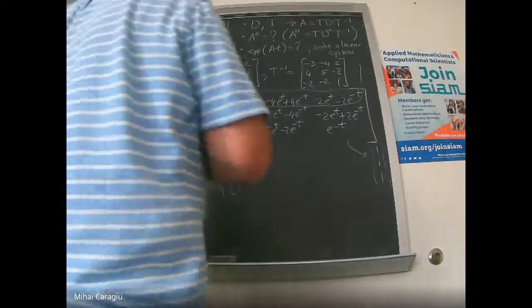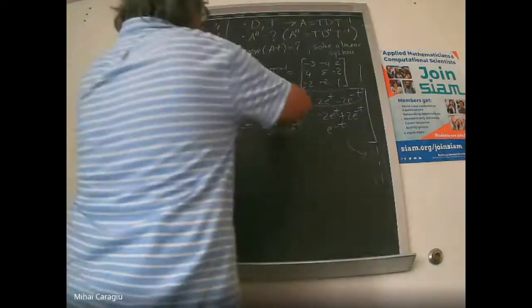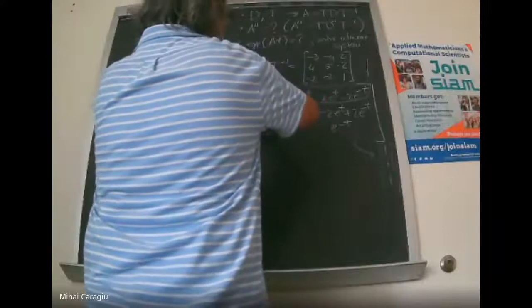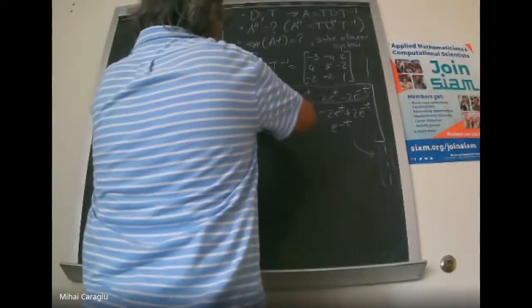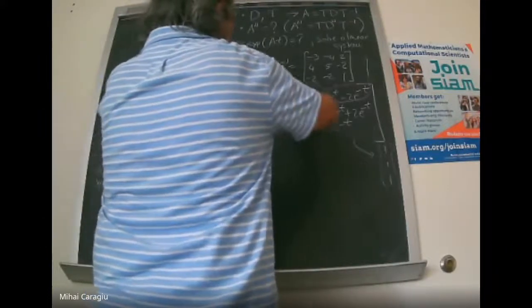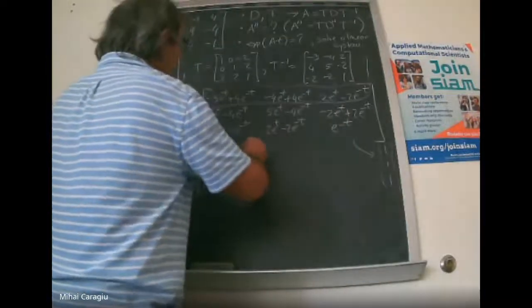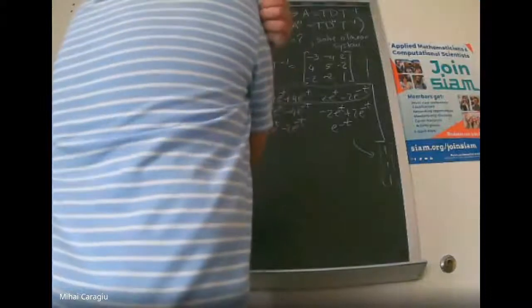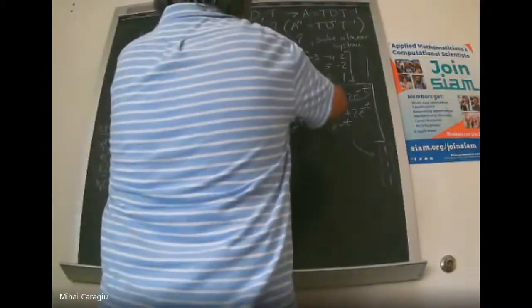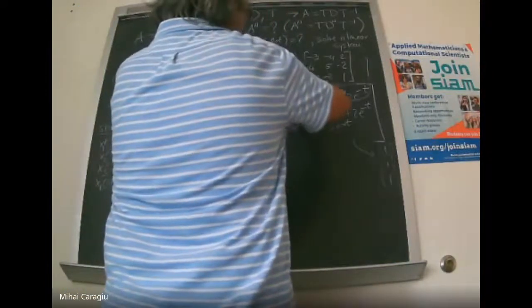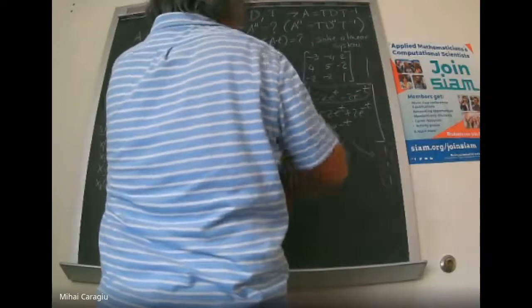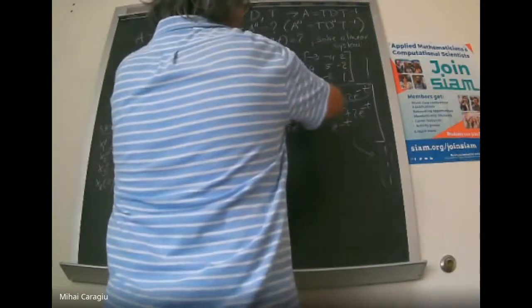So how many e to the power t's did we get? Minus 3 e to the power t minus 4 e to the power t. So far we got minus 7 e to the power t plus 2 e to the power t minus 5 e to the power t. How many e to the minus t's did we get? 4, another 4, minus 2, plus 6 e to the minus t.